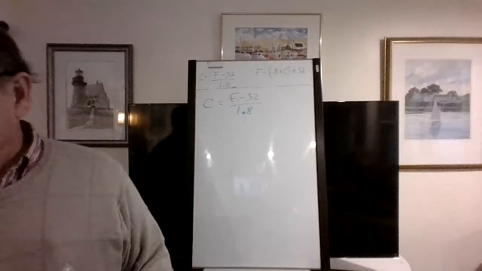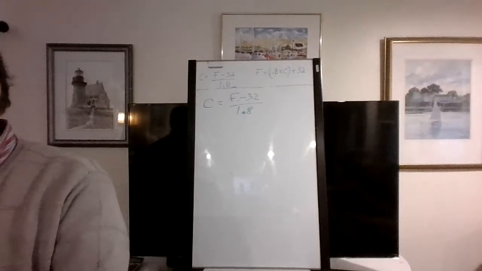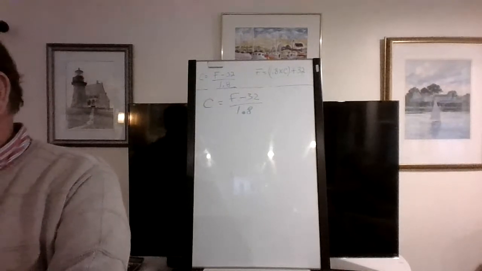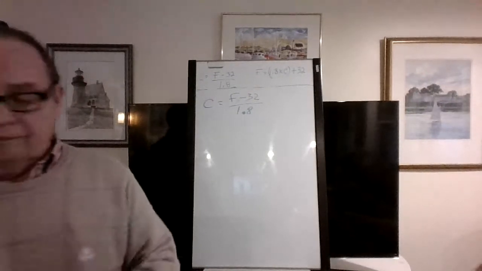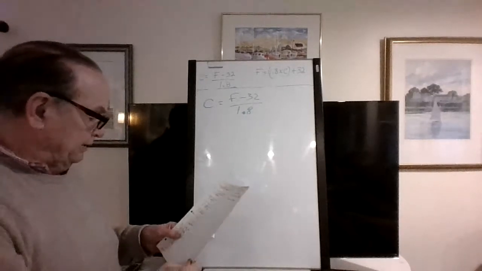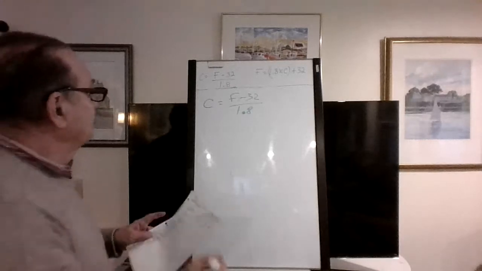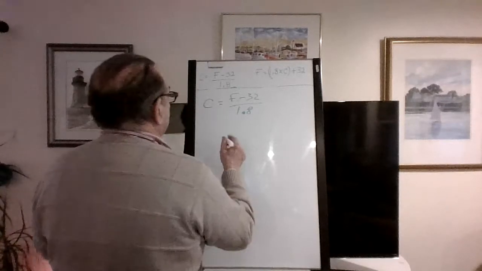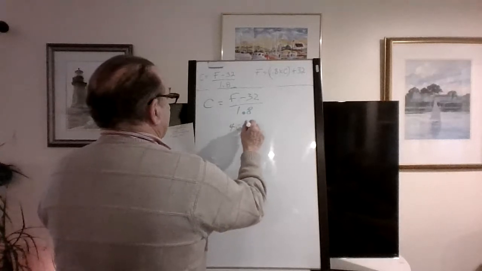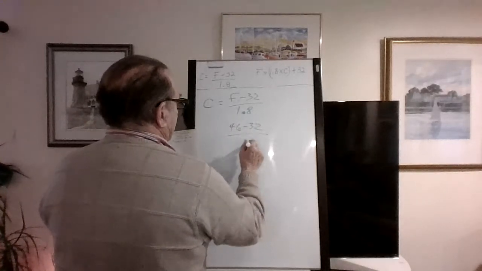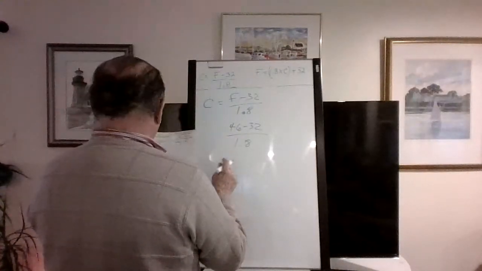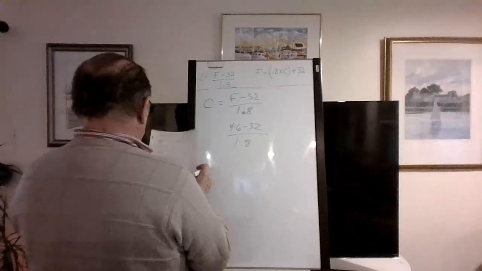All right, the next one is 46 degrees Fahrenheit. 46 minus 32 over 1.8, and that comes up to, let me see, that's going to be 7 point.